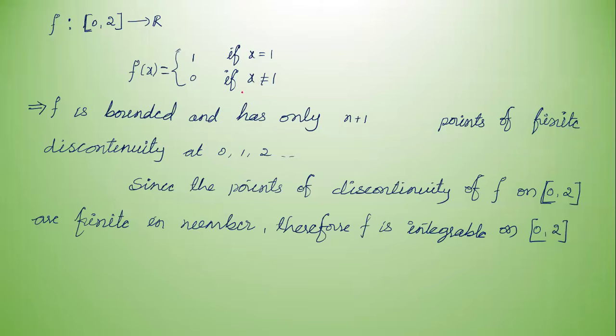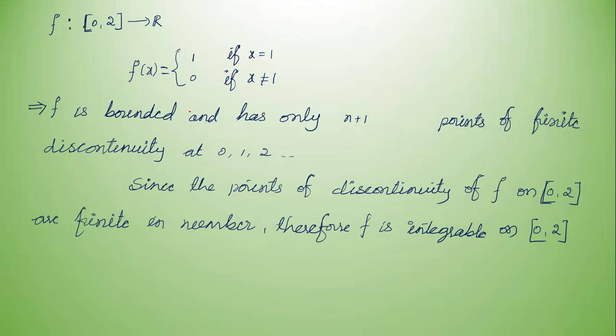Now, first, given f from [0, 2] to R, f of x is defined like this: 1 if x equal to 1, 0 if x is not equal to 1.